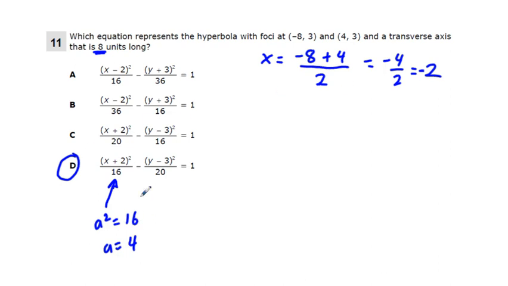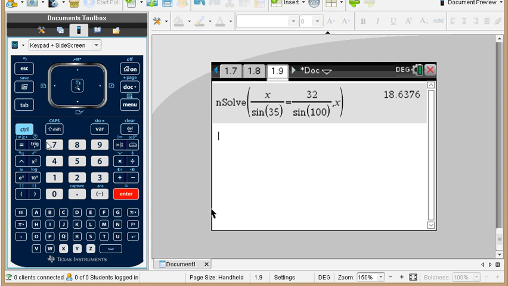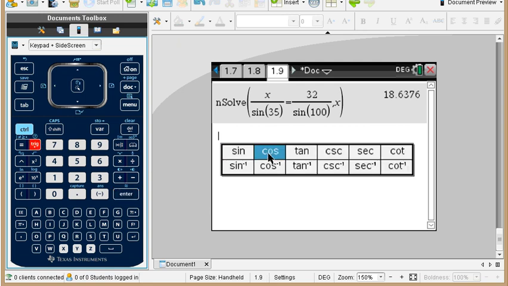Next, 12. What is the exact value of trigonometric function cosine negative 870 degrees? So just real easy. You got cosine negative 870 degrees. We're in degrees. We get negative 0.866.